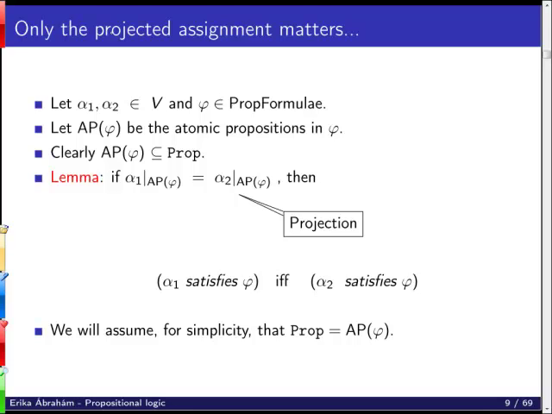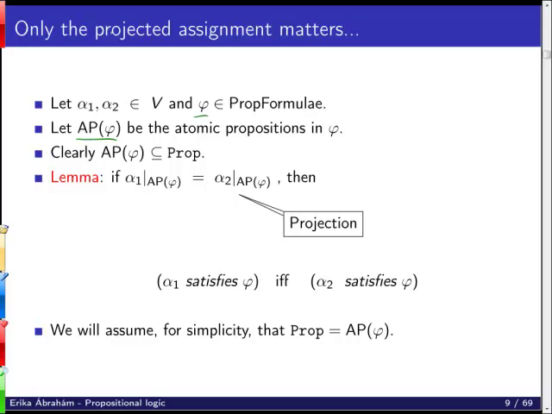That means it can also contain only a finite set of atomic propositions. So if we look at this projection, given a formula phi, we denote by AP of phi the atomic propositions that indeed appear in phi, and this is a subset of all propositions.